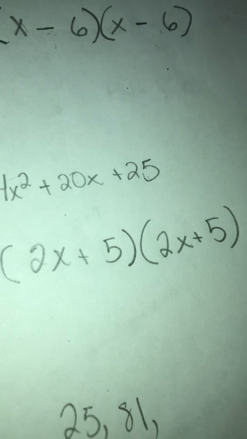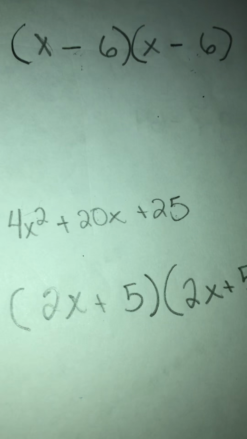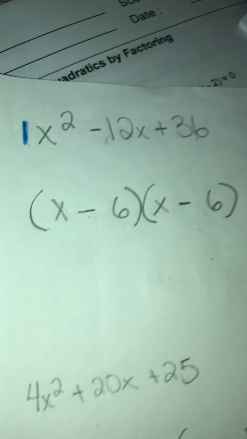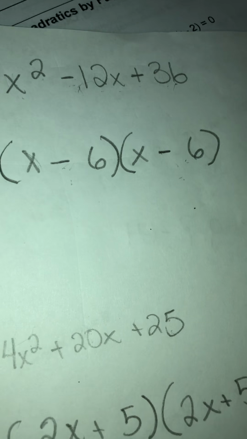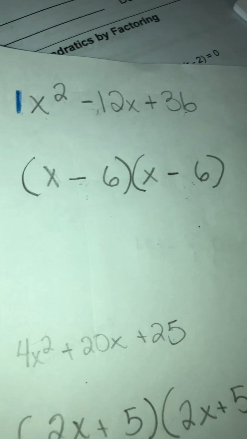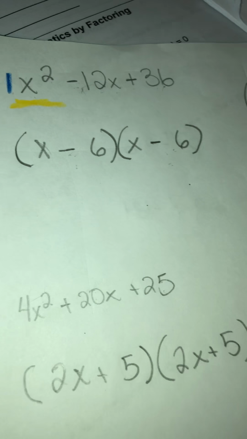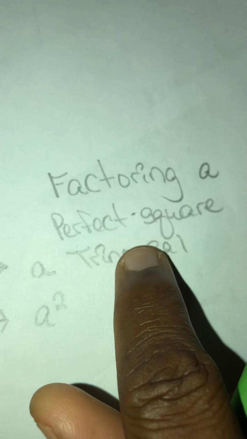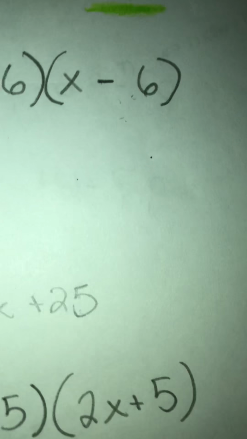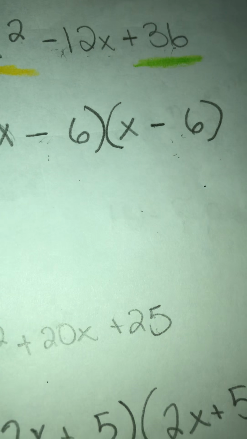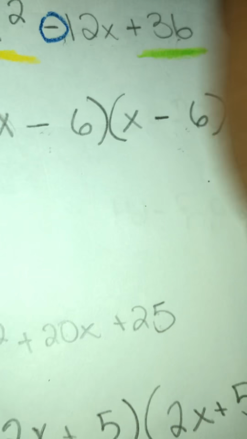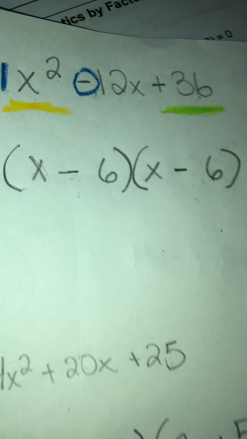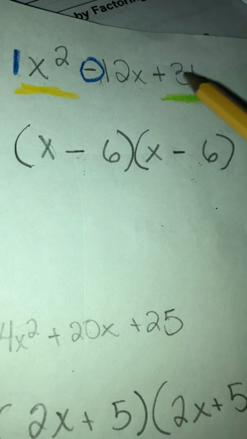Alright, so let's recap what just happened. I'm only looking at the first term and the last term when I am doing a perfect square trinomial. And I look at the middle number's sign to tell me what the sign is going to be.